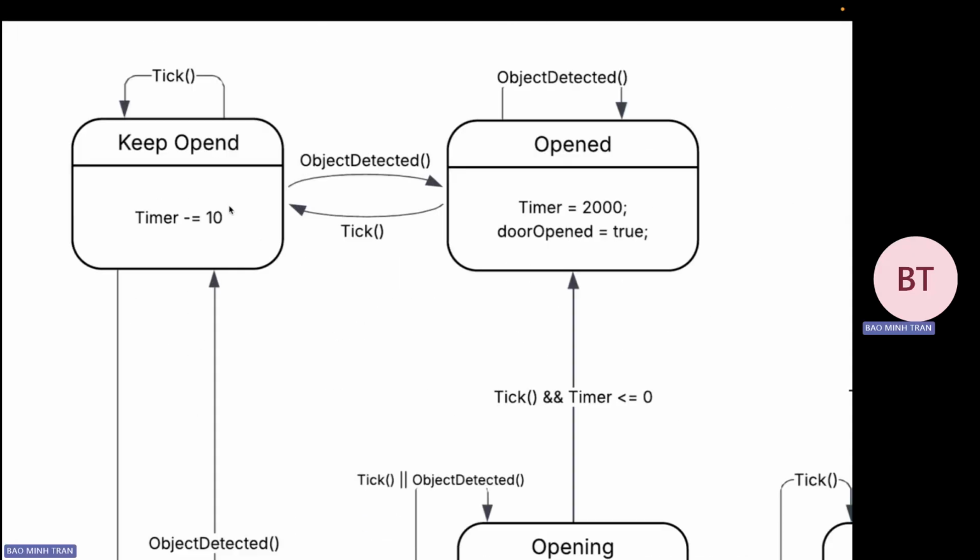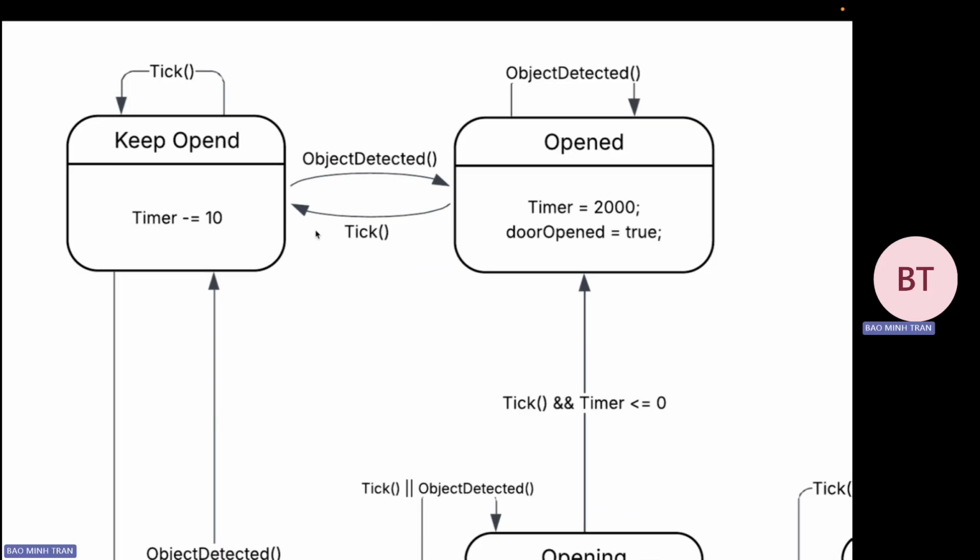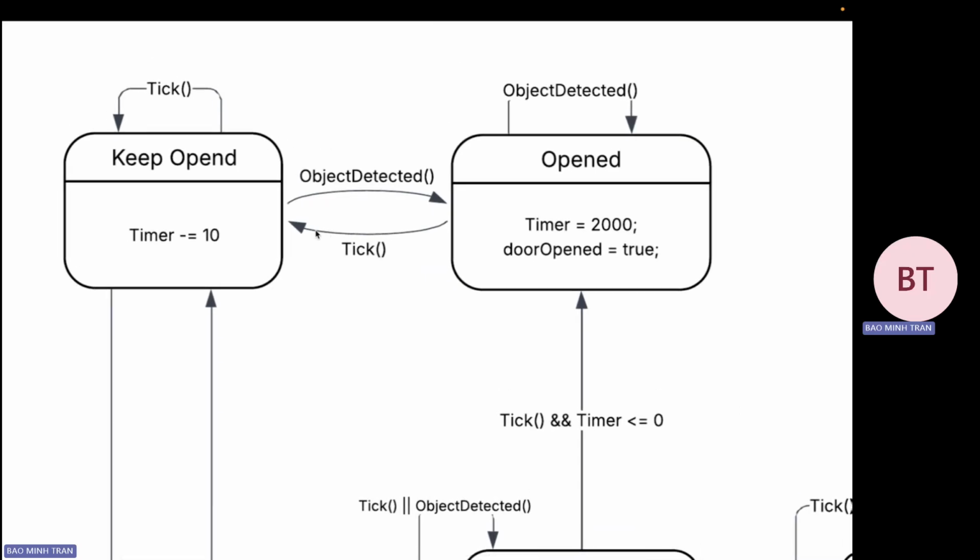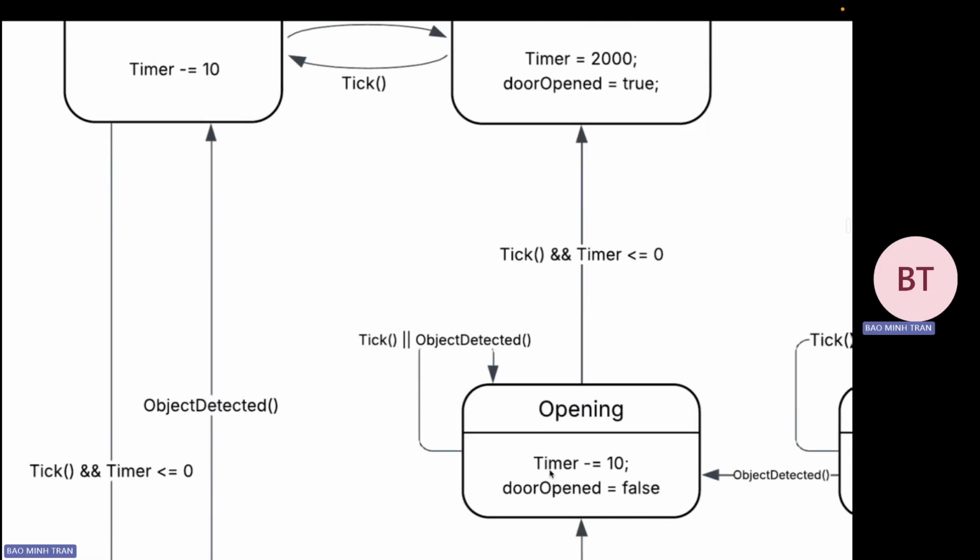For example, here, keep open and open: why do I have to split them? Because in a Moore machine, actions must be taken by the state. If I combine these two, how can I initialize the timer and keep an eye on it at the same time when it changes from one state to another?